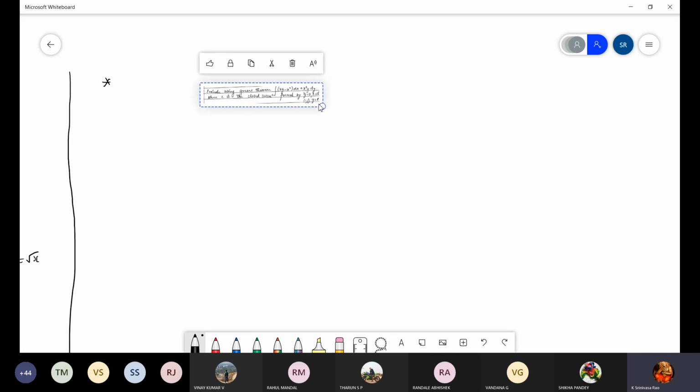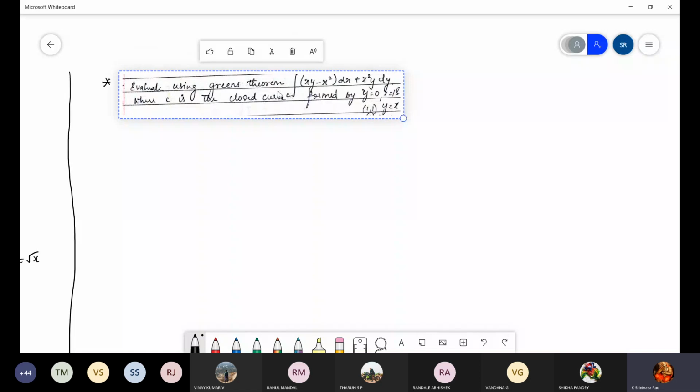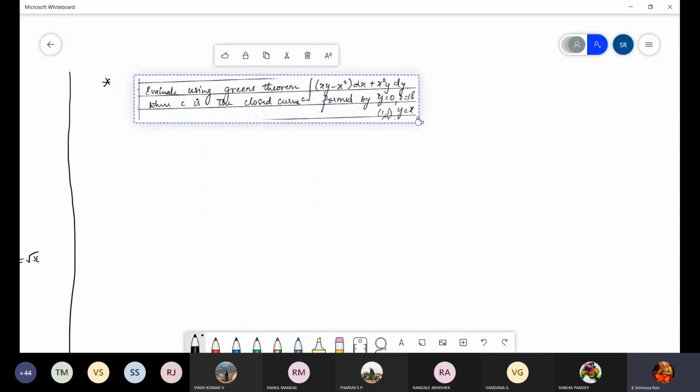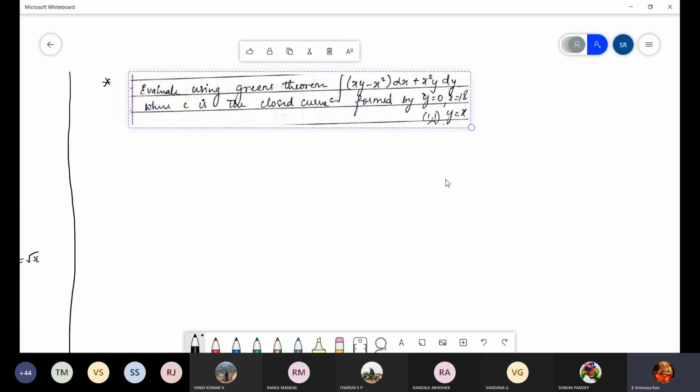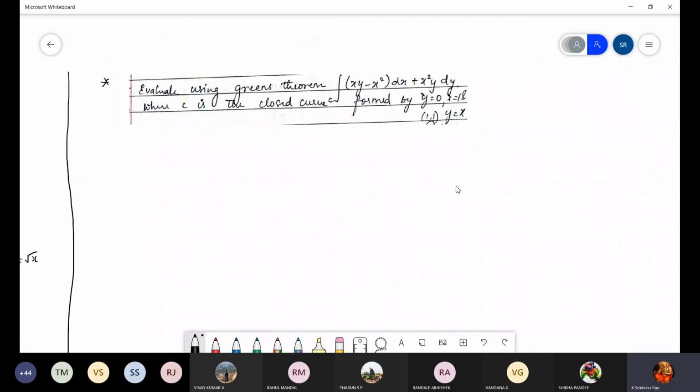Yes, try on this problem. Is it clear now? Is it visible? Yes, try on.